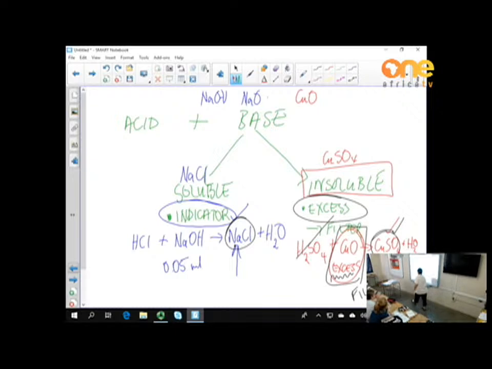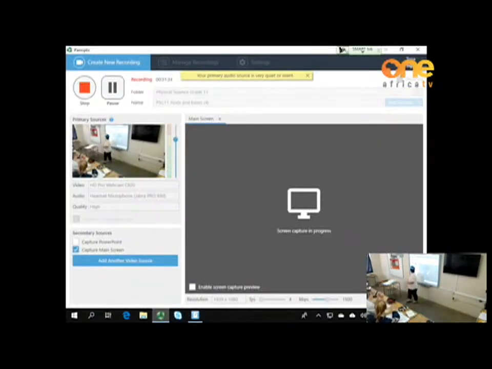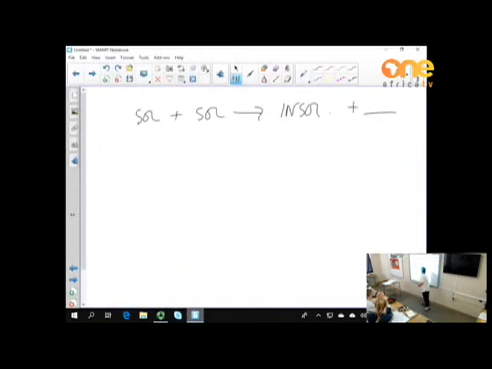So, what are we going to do? We are going to use a soluble plus a soluble, and we are going to make an insoluble salt plus whatever. Now, the example that your syllabus prescribes is to make lead iodide.